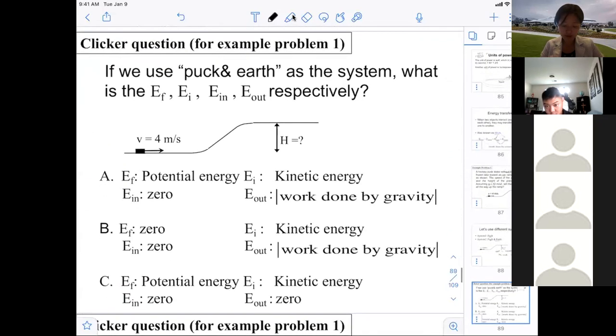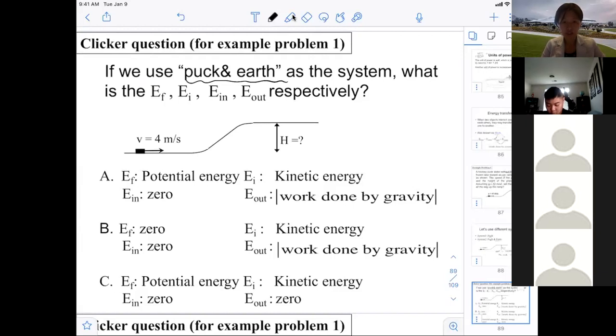Before we solve it, the hard part is figuring out each of these energy terms, because once you figure it out, plugging it into that equation is easy. So this is for you to work out. If you start with the puck and Earth as your system, what should all these terms be, respectively?